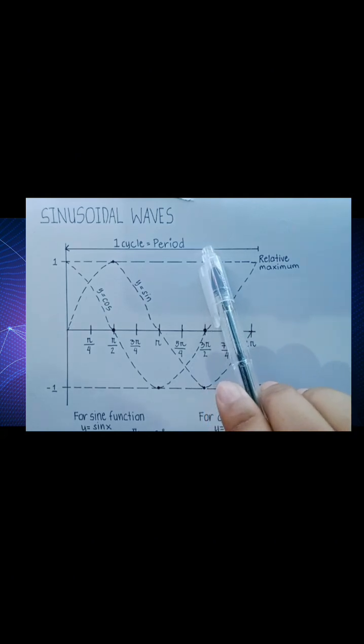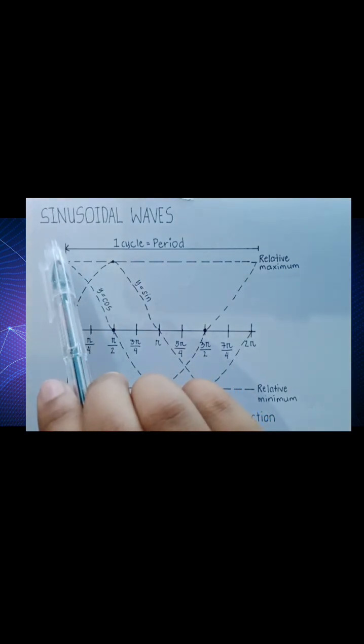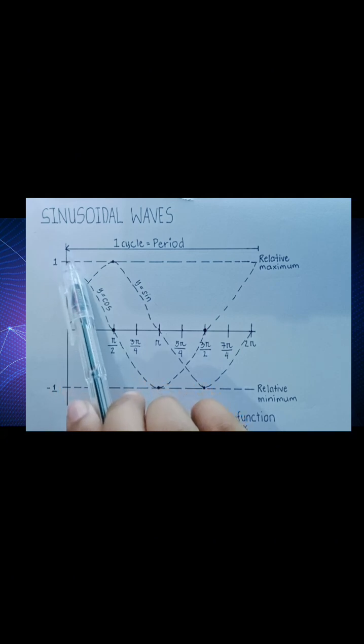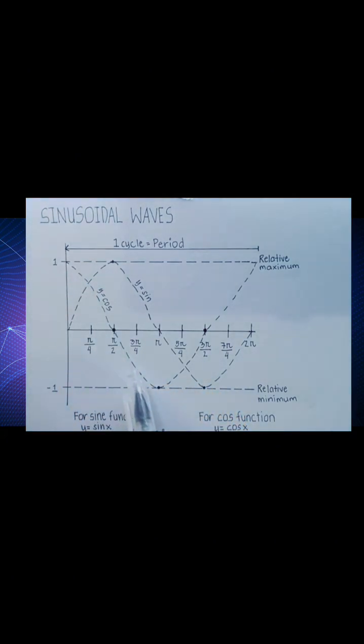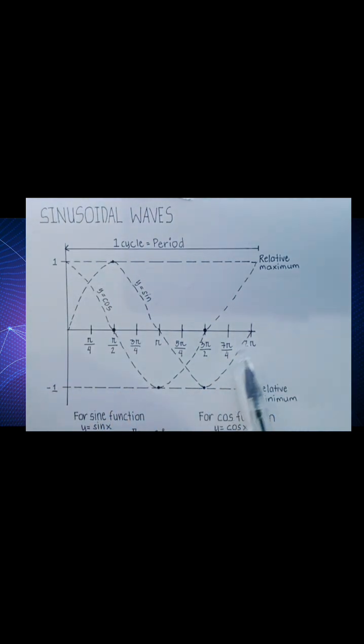So as you can see, we have two waves: y equals cos and y equals sine. The difference between the two is that y equals cos starts at the relative maximum broken line. So here the cos starts, while sine starts at the x-axis.